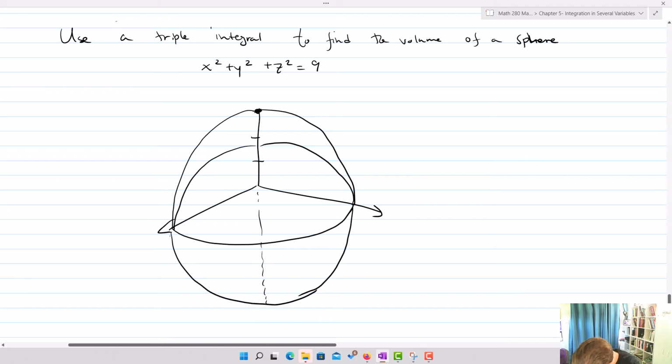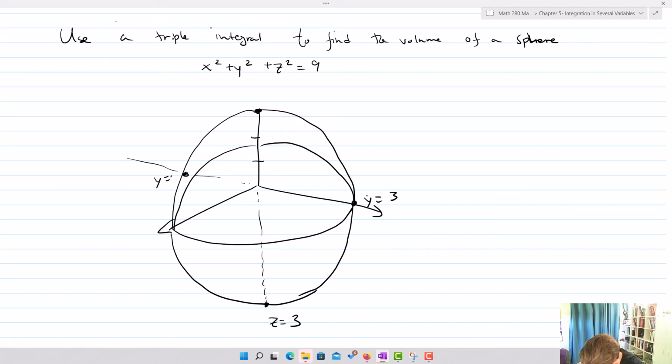Going all the way down here, z equals 3. This goes out to y equals 3. We're also going to go back out here to y equals negative 3. We'll have x equals 3 at this point, by the way. And we'll go out here to negative 3 on the x-axis as well.